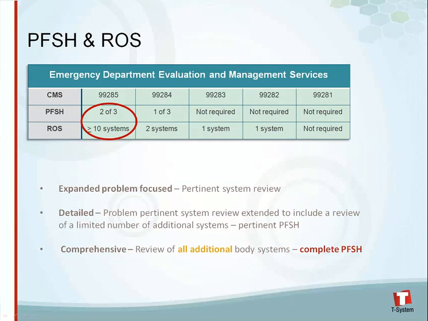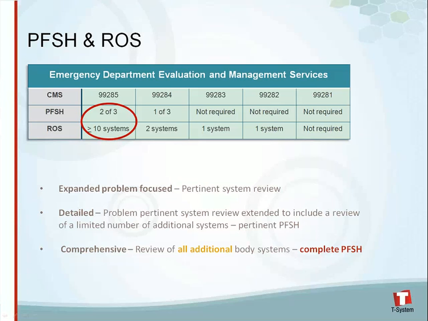So a complete past family social history is a past, a family, and a social. Whereas if we go up into CMS, you only need 2 of the 3. So CMS, the guidelines for this past family social area are less than the CPT guidelines. And this is really the only area where that occurs. But you have to be aware of it if you're coding based strictly on CPT guidelines or documenting based strictly on CPT guidelines, you need to be aware of the differences there.